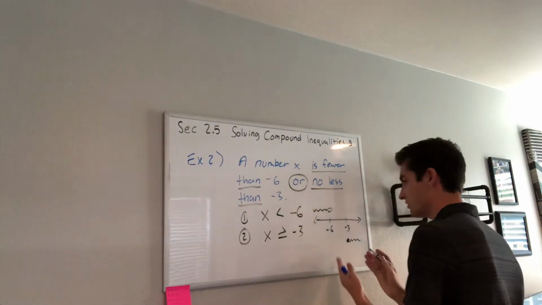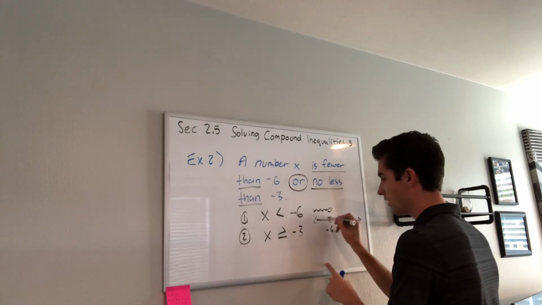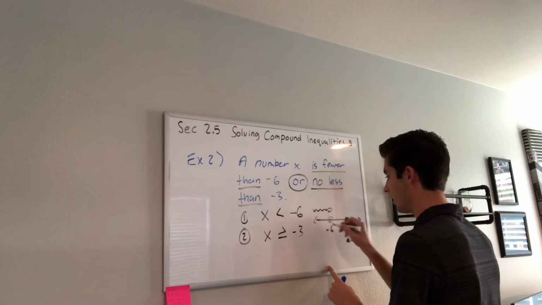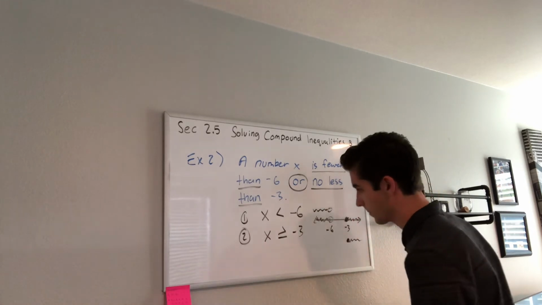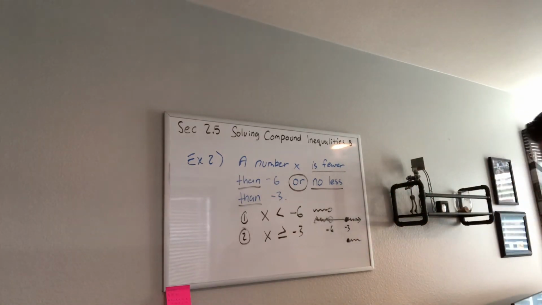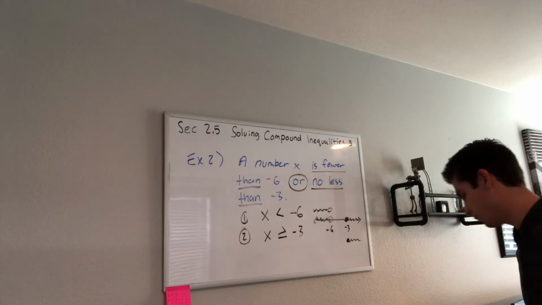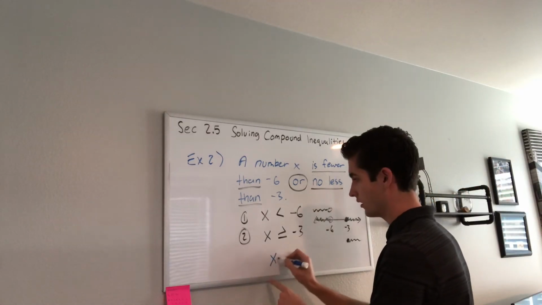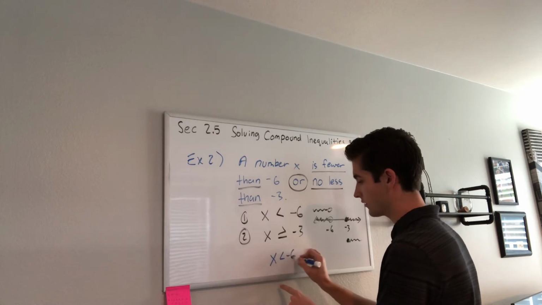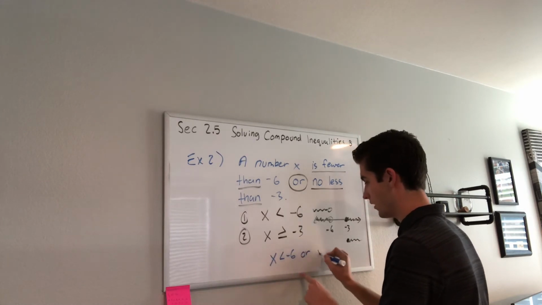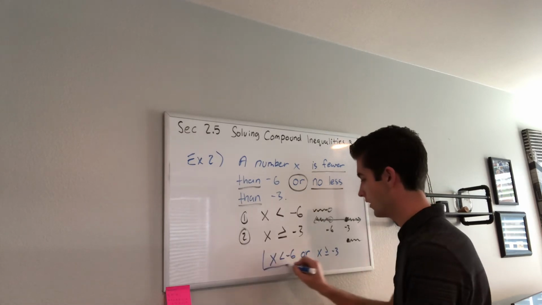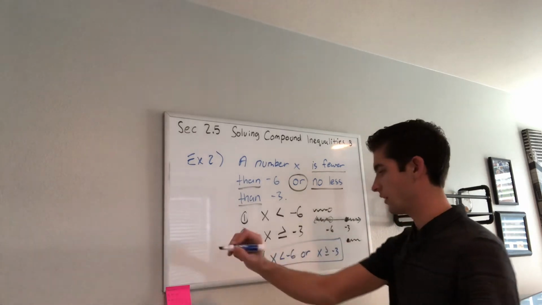So we have an open dot at negative 6, a closed dot at negative 3, shaded in opposite directions. Finally, to wrap this up, if we were to write this as one inequality, we have x is less than negative 6, or x is greater than or equal to negative 3. And that is our answer.